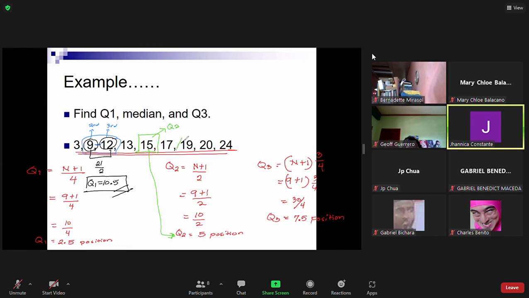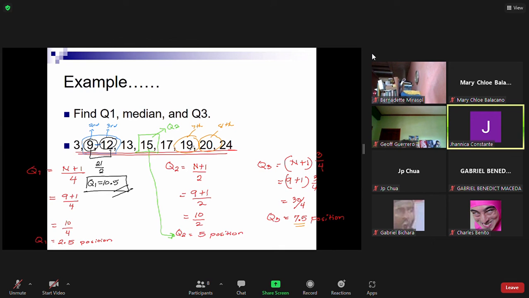So 19 is in the 7th position, while 20 is in the 8th position. Since we are getting a quartile 3 in the position of 7.5, that means it's between the 7th and the 8th position.